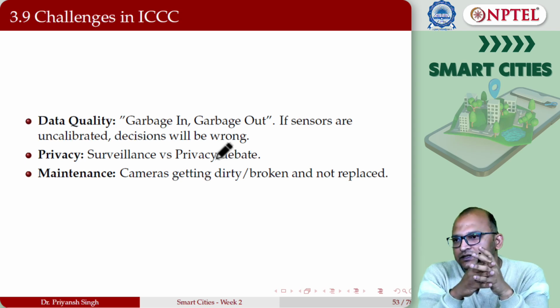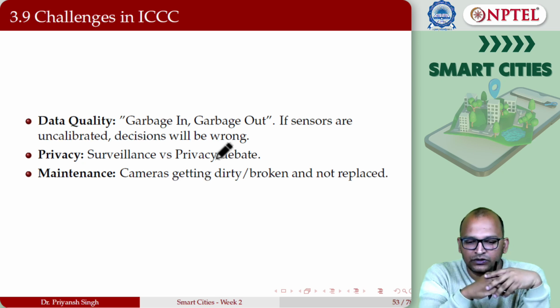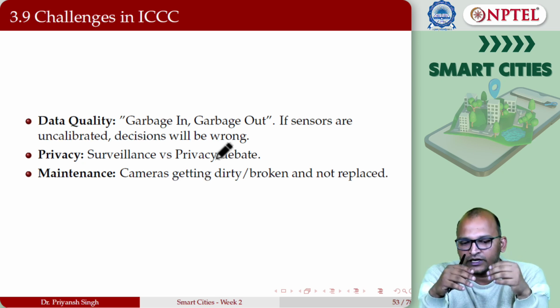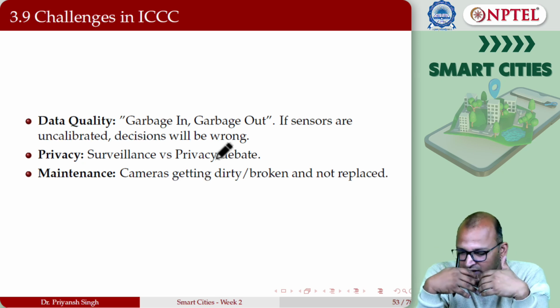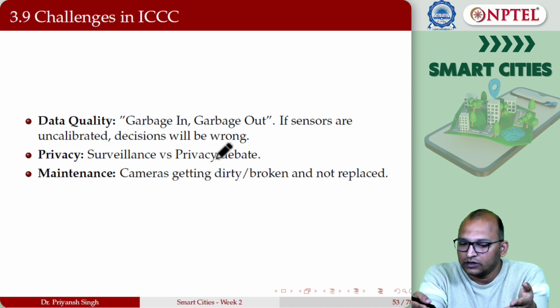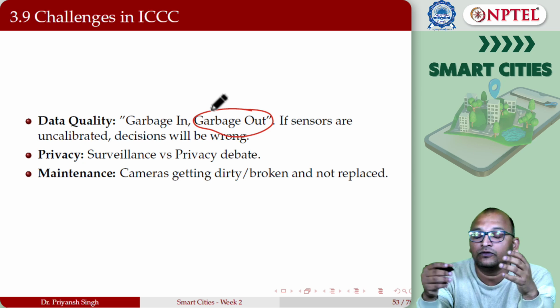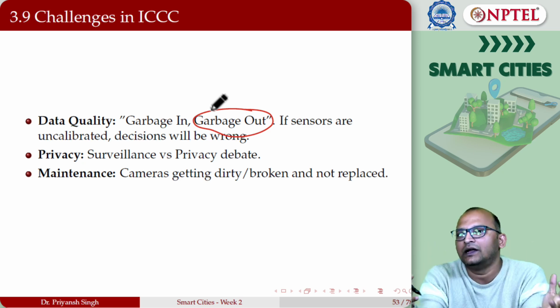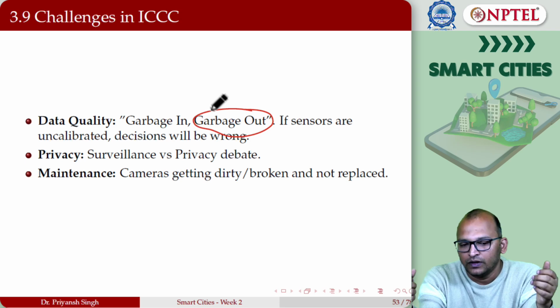There are certain challenges in the operation of integrated command and control centers. These can be related to data quality. There could be different types of big data available to the command centers, and extracting good or important information from that big data will sometimes be a very cumbersome job.